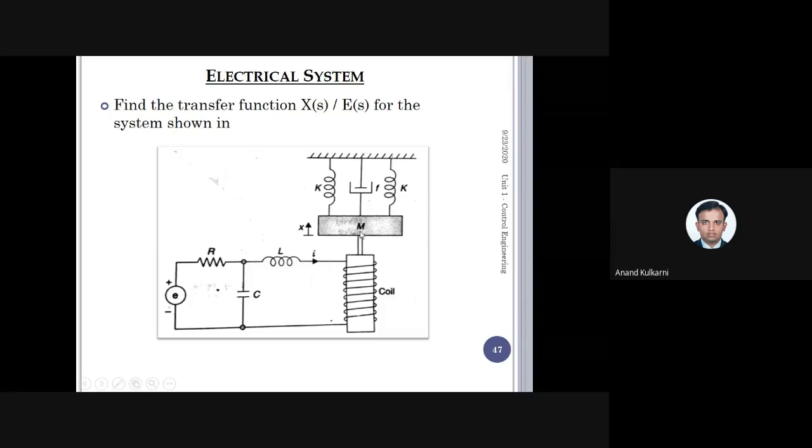For this equation, force is generated by this coil, which is the input, and the output is displacement. There are three components associated with this displacement: one inertia component, one stiffness component, one friction component. With mass m, the inertia component is m d square x by dt square, corresponding to the spring k plus k, 2k spring stiffness is there, so 2k into x of t plus f into dx by dt.